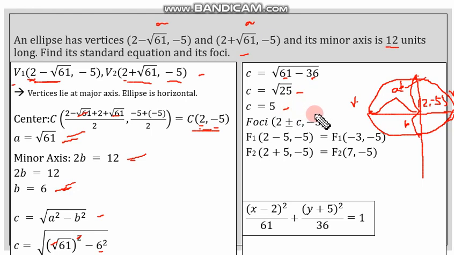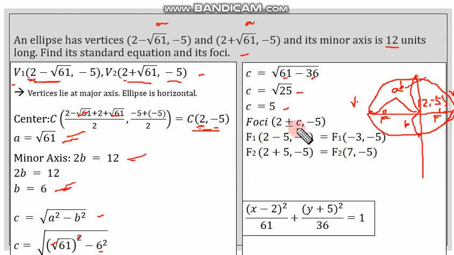Therefore, since we have c, we can get the value of our foci, because we have the center and the value of c. Since our foci are collinear with our center and our vertices, the foci are here on the right side. Therefore, our foci are horizontal as well. So we will add and subtract the value of c to the x coordinate of the center, which is 2.